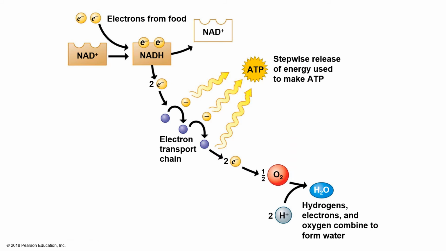Now, during the electron transport chain, we are going to take all of these electrons that we've been collecting from glycolysis and the Krebs cycle. And remember, think of the NADH as buckets filled with electrons. What happens is that those electrons are going to be dumped out.